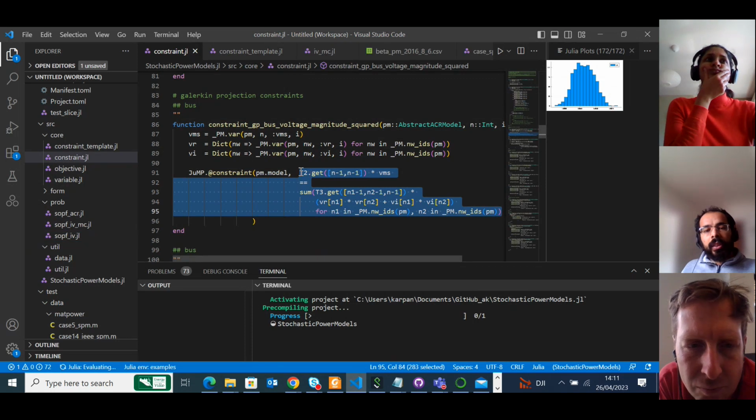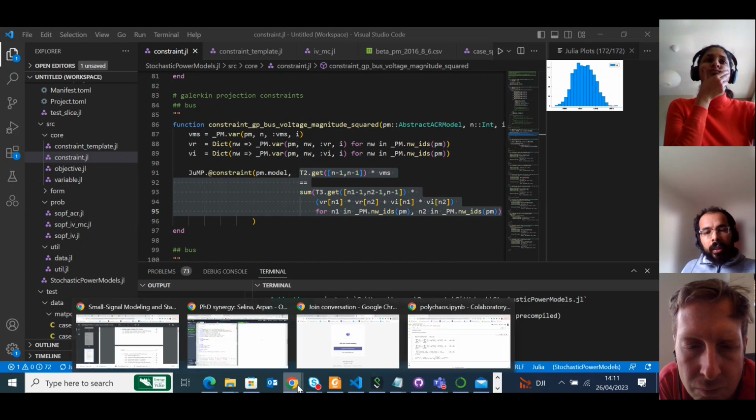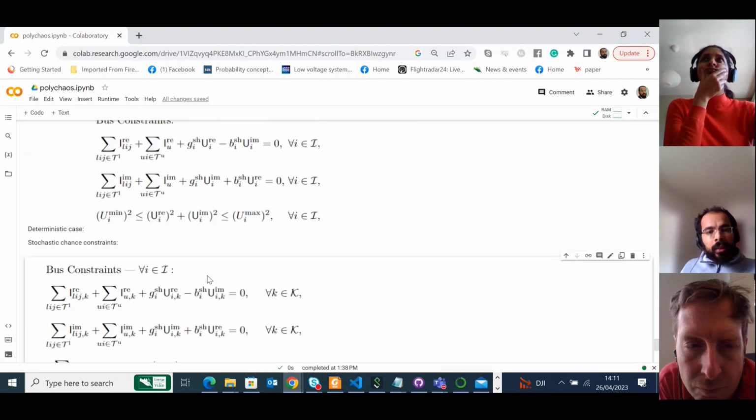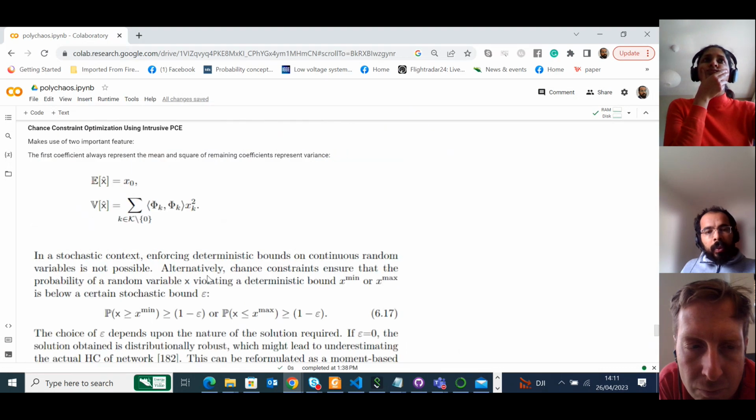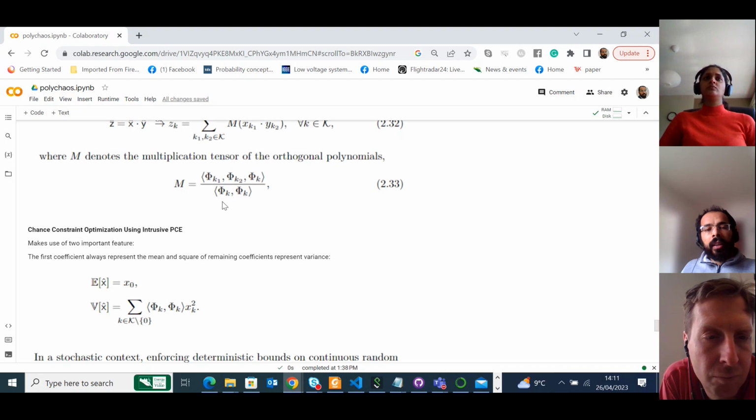So this T2, T3, this is basically, if you remember, M was this, right? Tensor product of K1, K2, K, K, K, right?